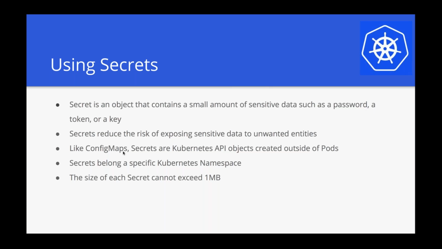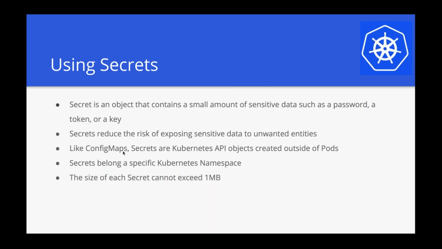At a very high level, secrets are like config maps but meant for sensitive data. If a config map can be pretty much read by any container, any pod in the namespace, with environment variables, secrets are slightly more granular, more specific to the containers and pods that you want to access from.